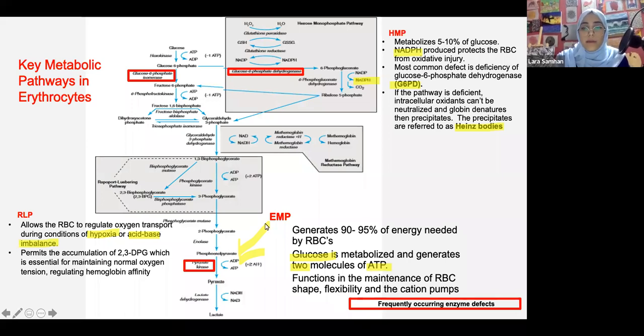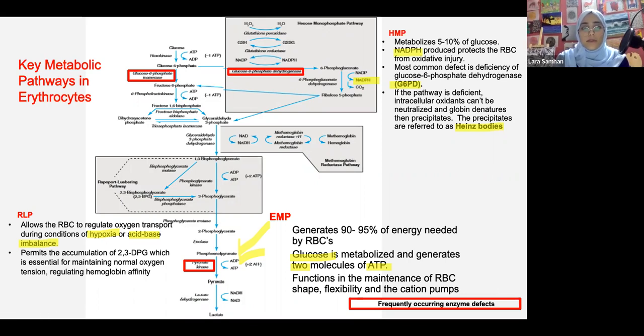The most common enzyme that can be defective in the EMP, the anaerobic pathway, is pyruvate kinase. If we have a defect in this enzyme, the RBC shape and function can be affected, and it won't function normally in transporting oxygen throughout the body. The third pathway is the RLP. Its main function is transporting oxygen from one place to another.